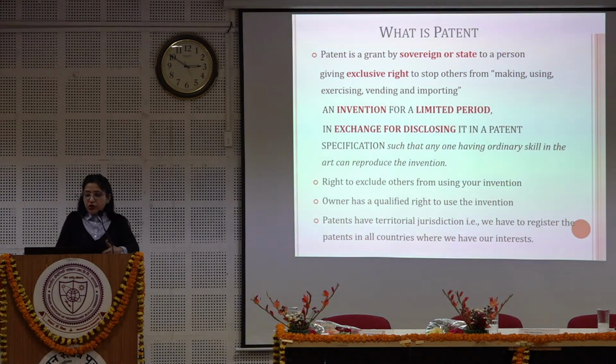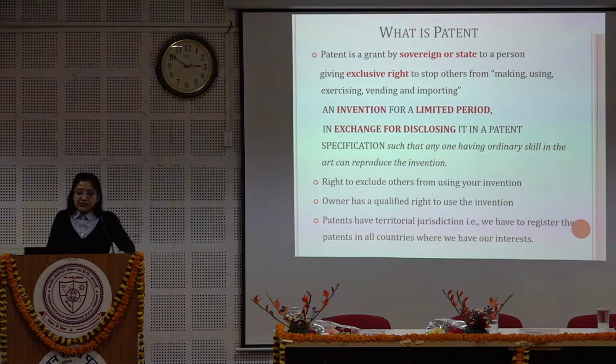You can make, use, exercise, license, and transfer. All these rights the inventor has. This is for a limited period, and in exchange for disclosing it in a patent, there is a specification which involves all the details related to the invention. So these are all the rights which one gets.